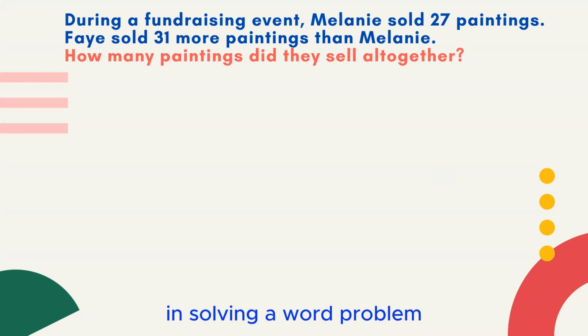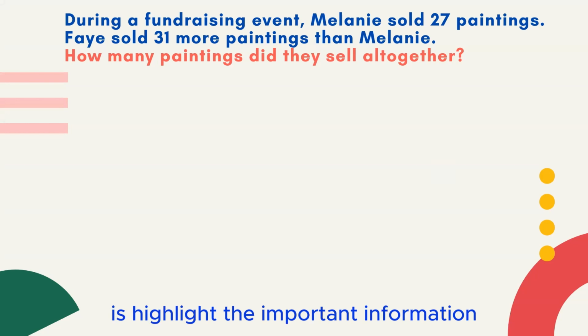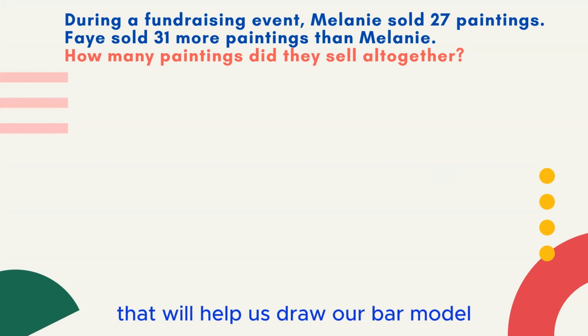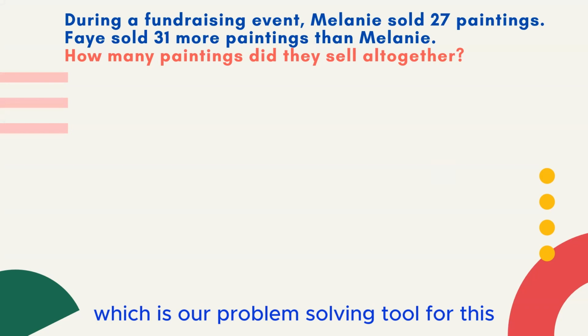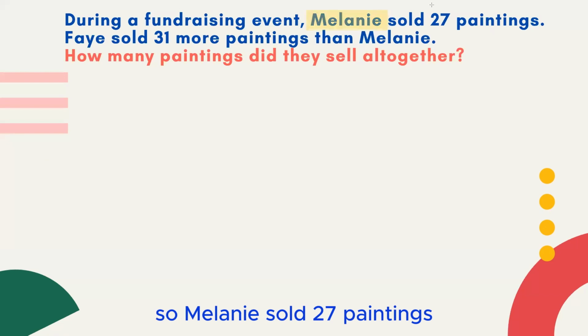In solving a word problem, the very first thing that we need to do is highlight the important information that will help us draw our bar model, which is our problem-solving tool for this word problem for today. So we have here, Melanie sold 27 paintings. So Melanie, 27 paintings.